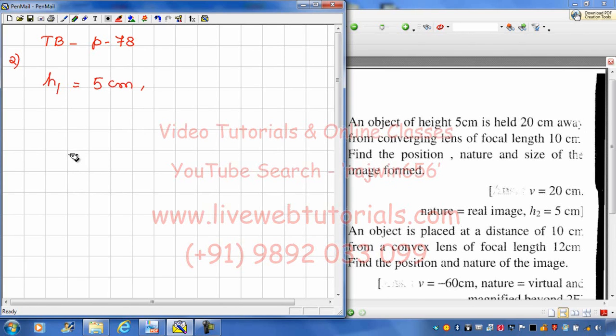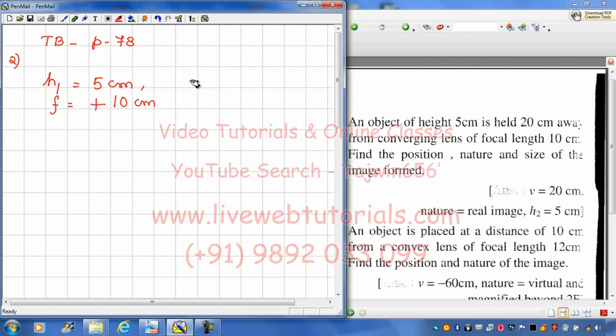Converging lens is convex lens. So its focal length is going to be positive because it's converging lens, that is convex lens. So the focal length is plus 10 centimeters. We are supposed to find the position, nature and size of the image.